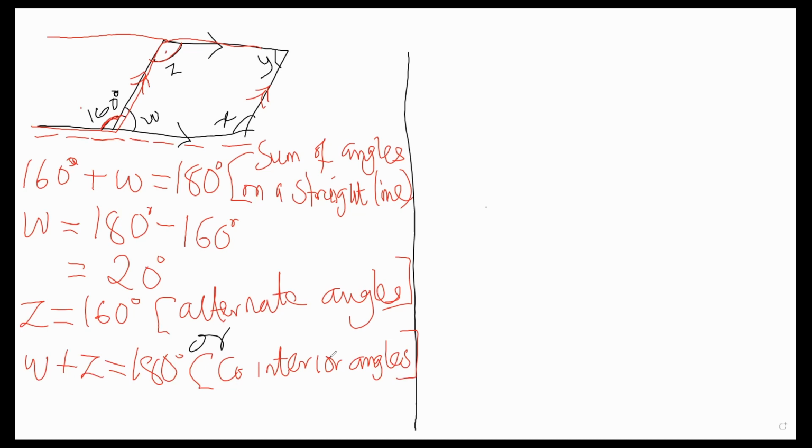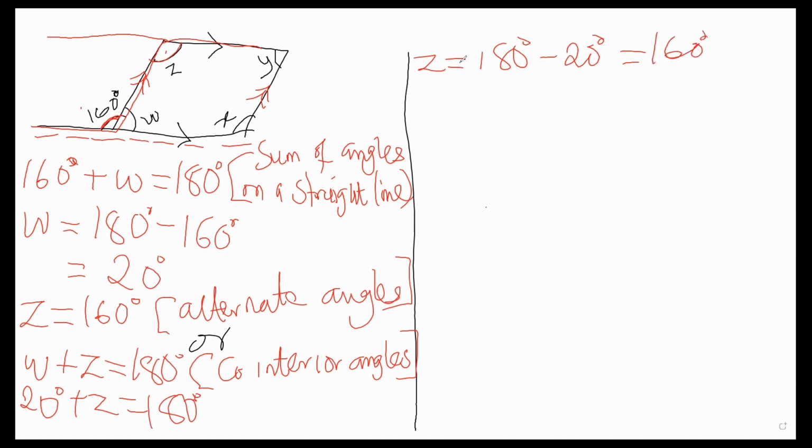Don't forget that W is 20 degree. So 20 degree plus Z equals 180 degree. So our Z is going to be equal to 180 minus 20 degree, which is equal to 160 degree.